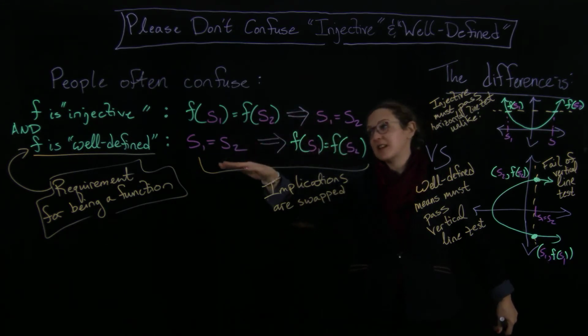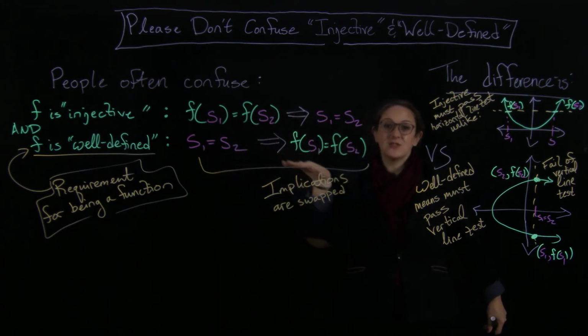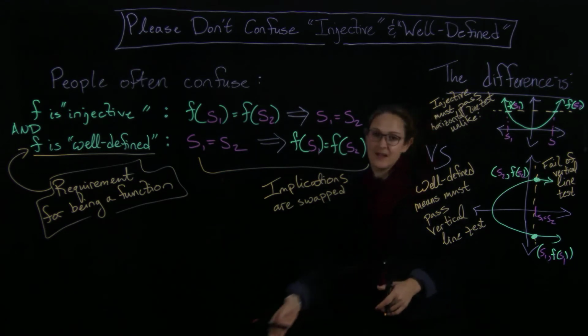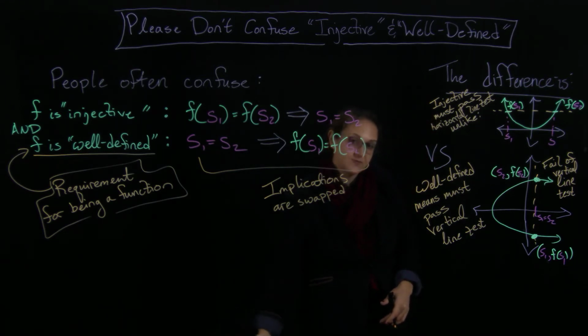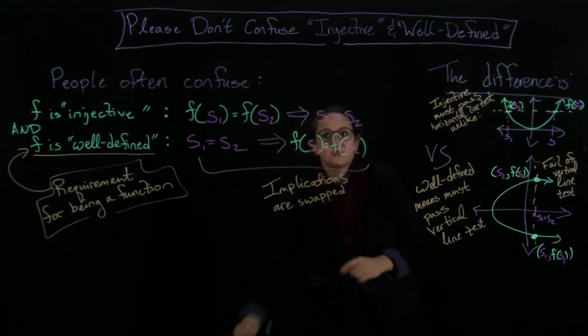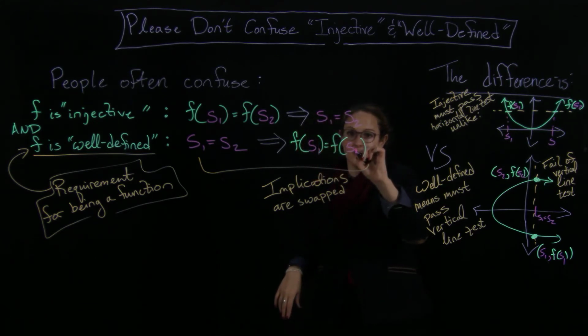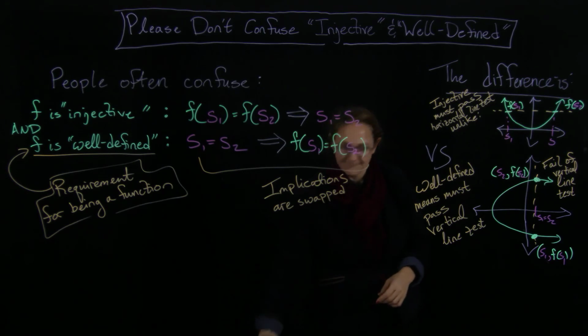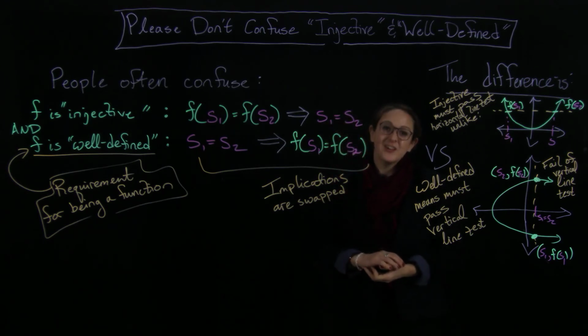In the second, we're saying that if S1 equals S2, then F of S1 equals F of S2, and those have two very different meanings. So it's very important to keep those straight. I hope this was a little helpful, and try to be careful about this. I will see you in the next lecture.